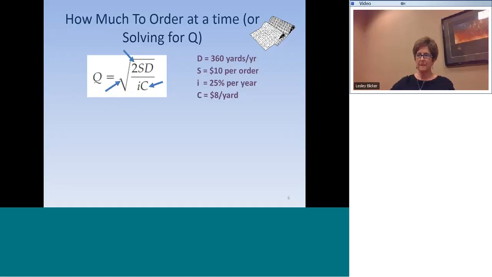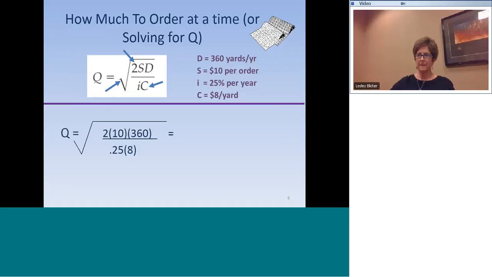So let's plug in the numbers from our example. Looking at the numerator first, we've got 2SD, or 2 times 10, which is our setup cost, times our demand of 360 yards. And we divide that by our interest times unit cost, 25% expressed as 0.25, times our unit cost of 8.